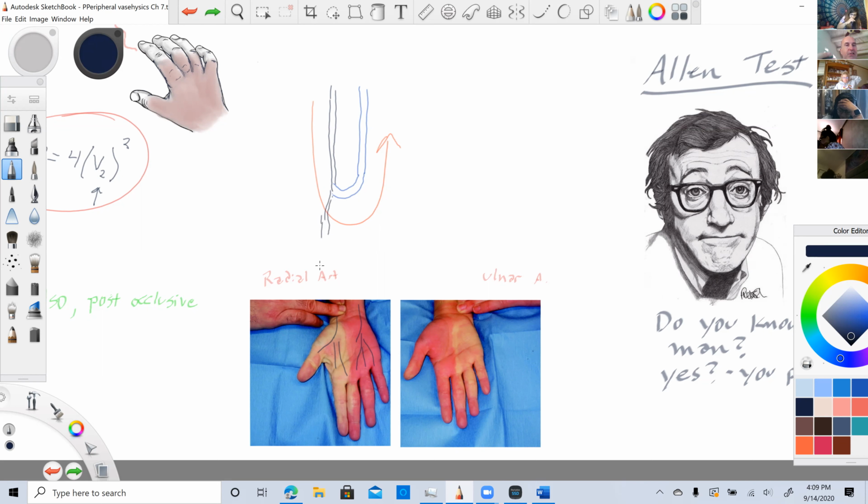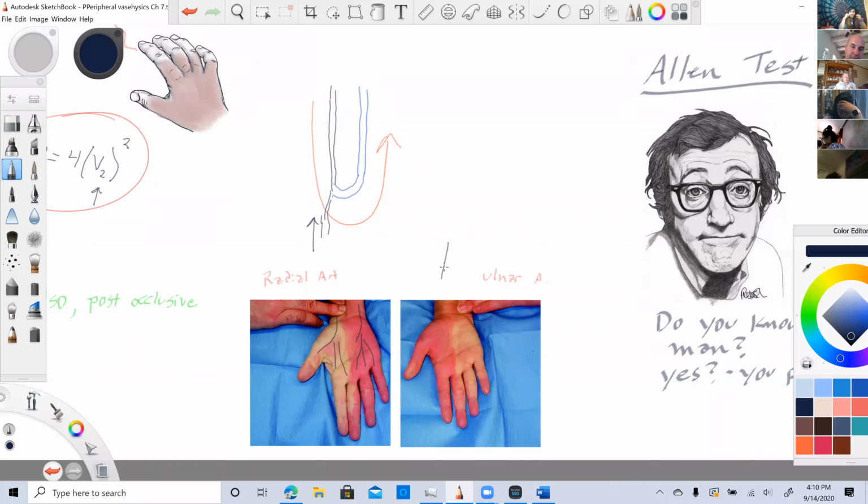You could also get a steal phenomenon, just like the bunny rabbit we talked about earlier, the steal phenomenon in the vertebral artery and the subclavian and vertebral arteries. You could actually have blood get sucked backwards. So it's even worse. It's actually draining the hand of blood that's already not well circulated. So that is why we may do an Allen test.